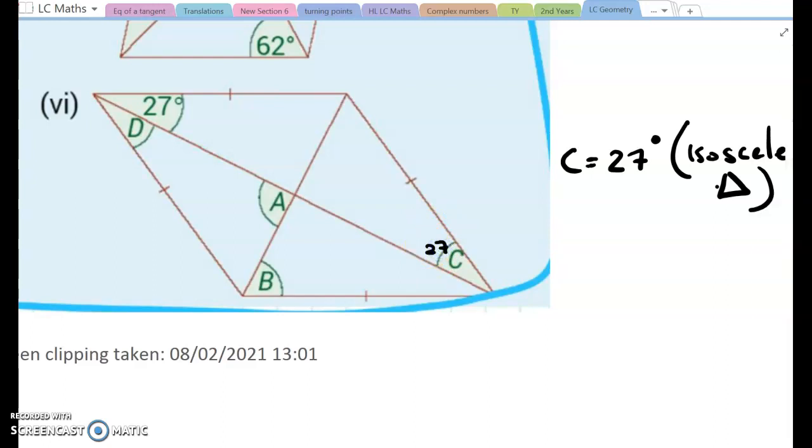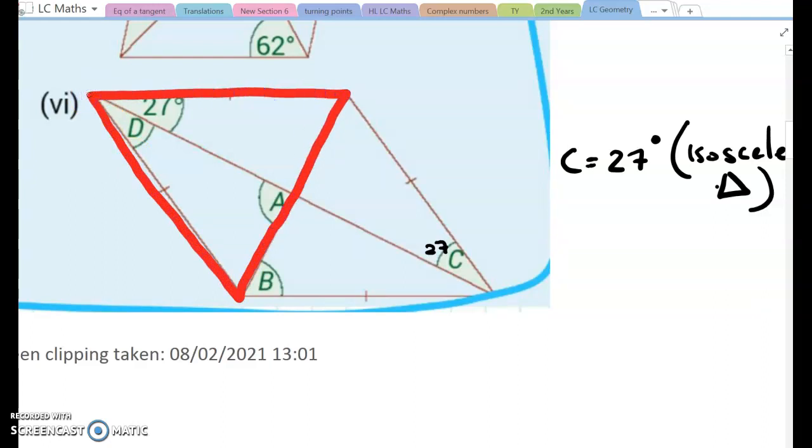Now there's another isosceles triangle. There's one here. That one there. Now, you see the notch here and here. That means that this angle is equal to this angle. Now, we're not asked for either of them, but it may be important in a moment or two. We see another isosceles triangle here.